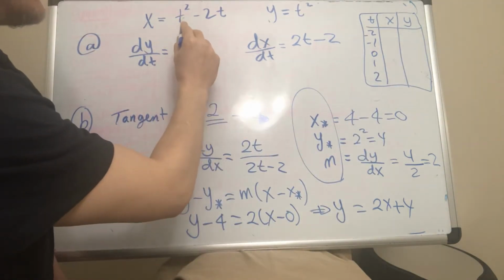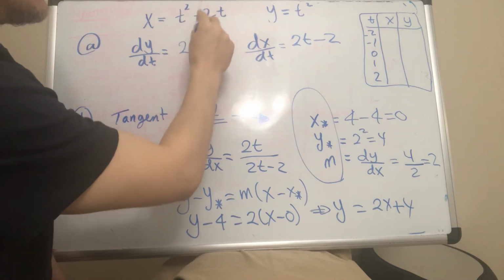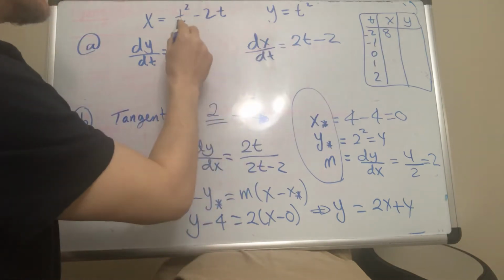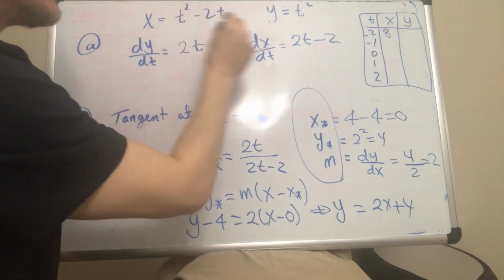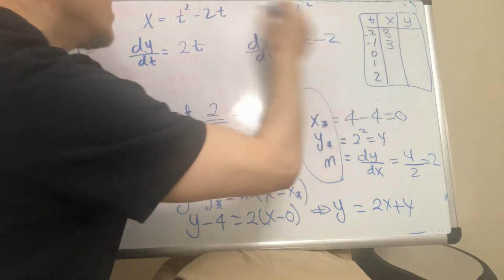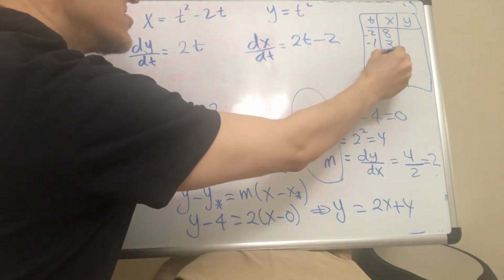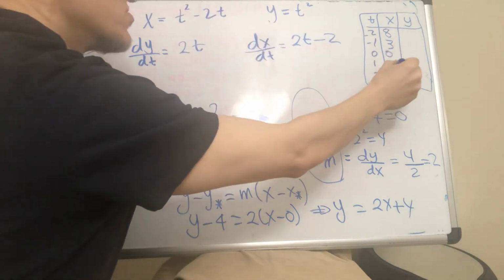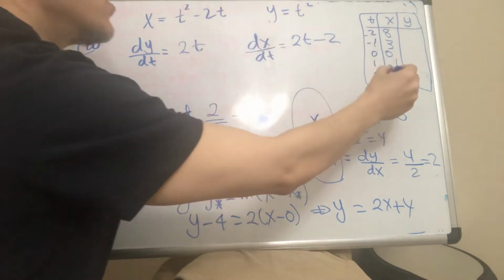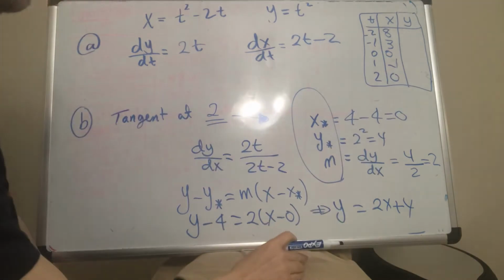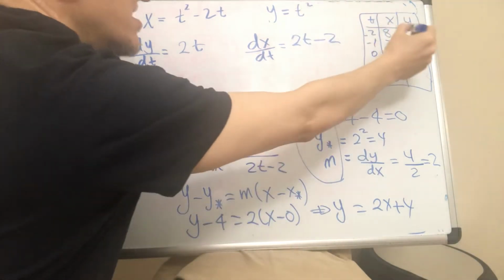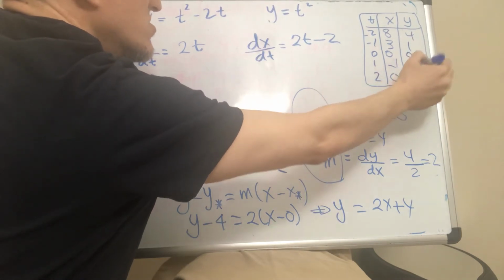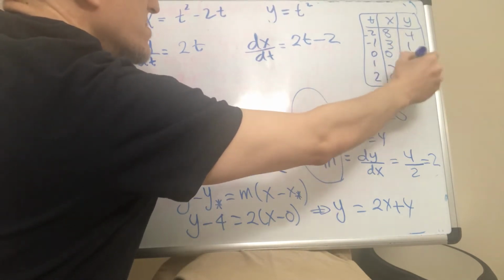A minus 2 here will give you 4 plus 4, 8. A minus 1 will give you 1 plus 2, 3. A 0 will give you a 0. A 1 will give you 1 minus 2, minus 1, and a 2 will give you a 0. If you plug it here, minus 2 squared is 4, 1, 0, 1, and 4.